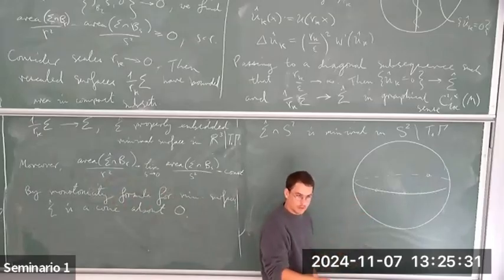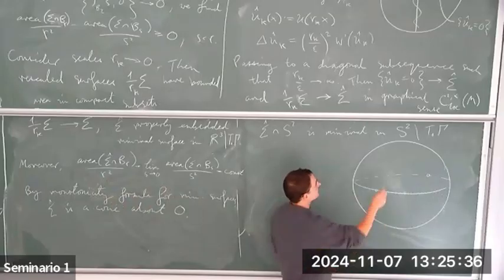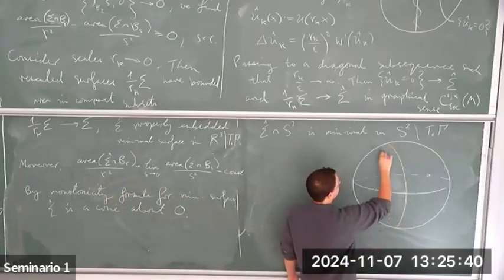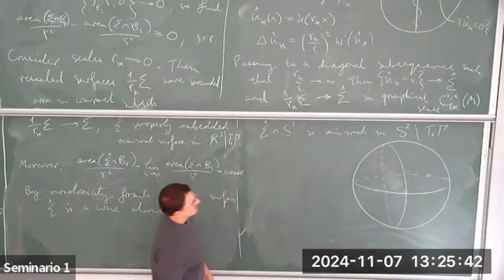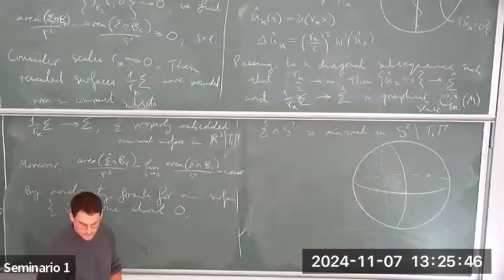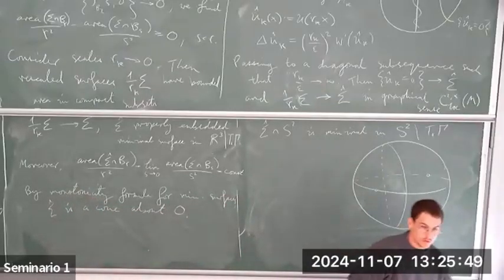One possibility is that you could have a great circle which misses both of these points. Something like this. But this leads to a contradiction.